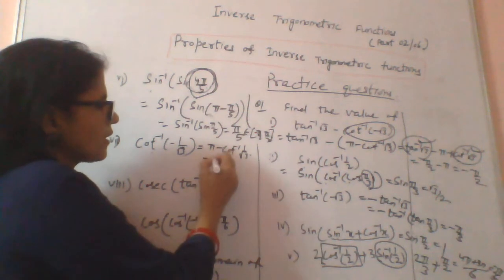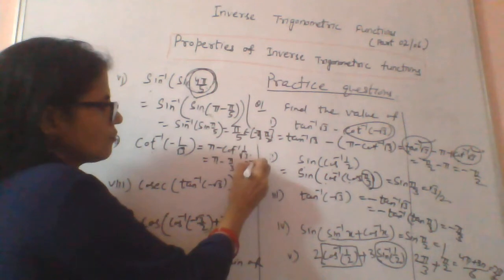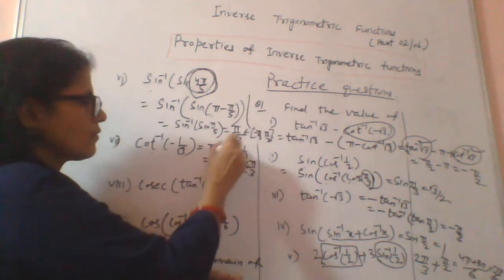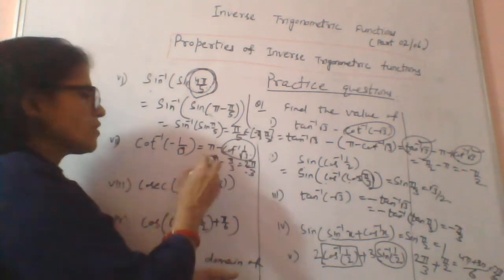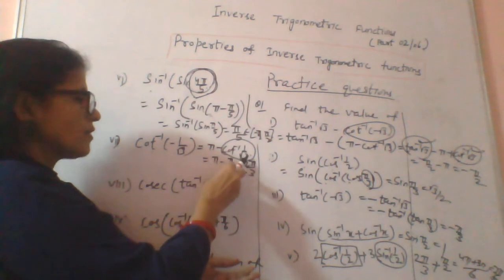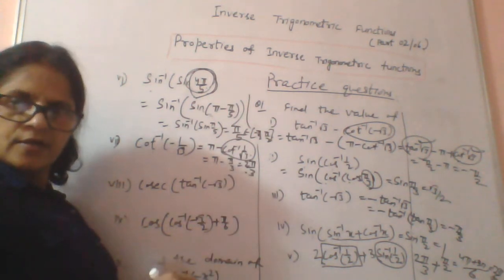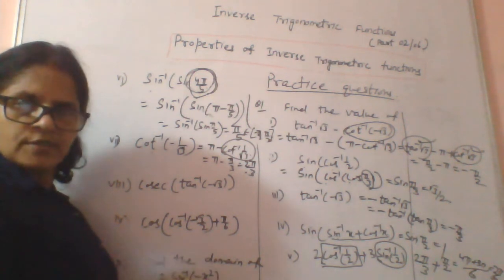So here we can write pi minus pi by 3, which is 2 pi by 3. If you don't remember for cot, you can do it with tan also, because cot inverse 1 by root 3 can be written as tan inverse root 3. That is up to your convenience.